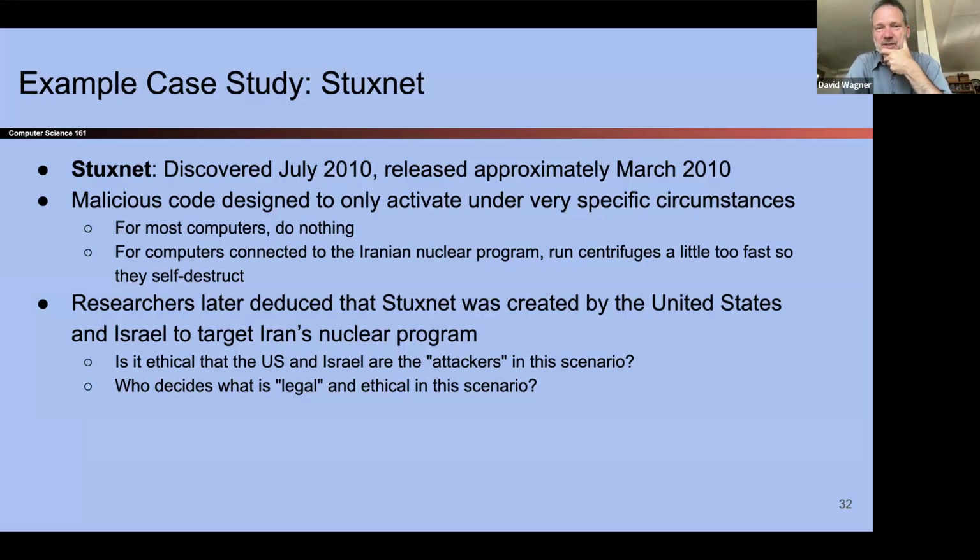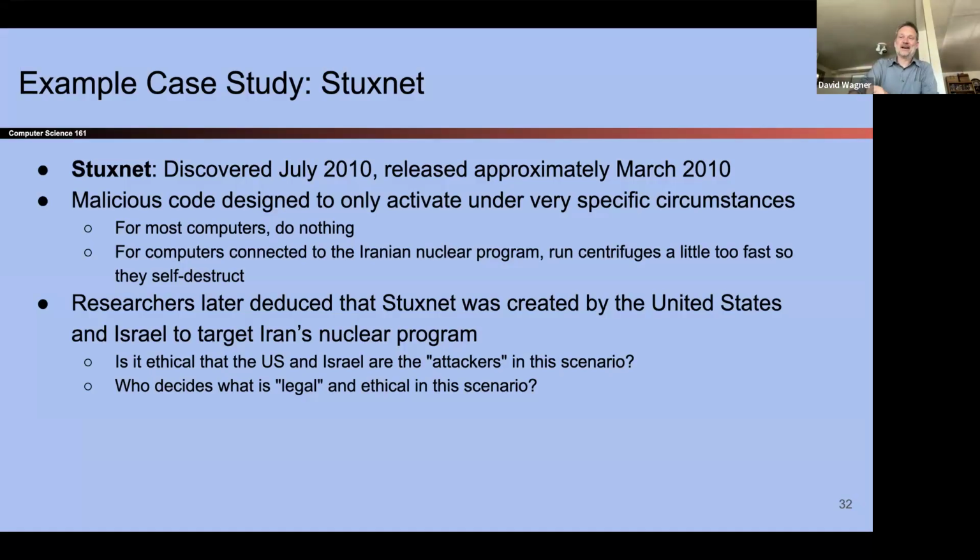There were nuclear enrichment centers running centrifuges that spin really fast to enrich uranium, and they're computer controlled. The national security folks created malware that targeted those computers, infected those machines, and caused the centrifuges to spin just a little bit faster than they were designed to. So they started to break much quicker.